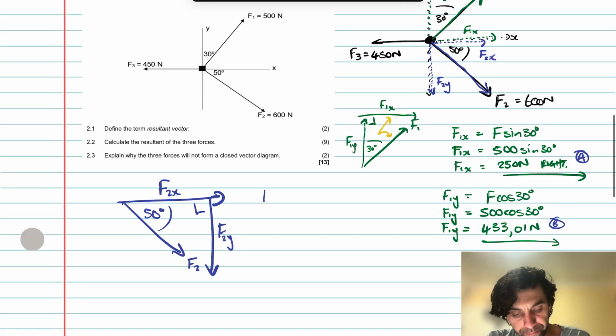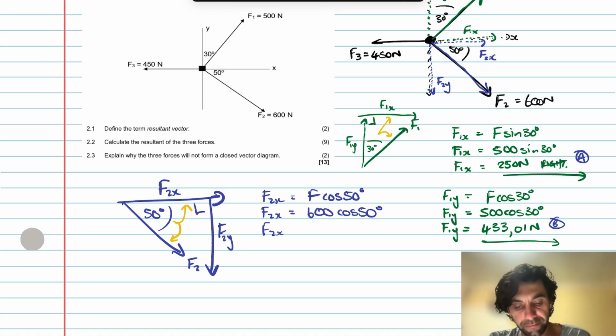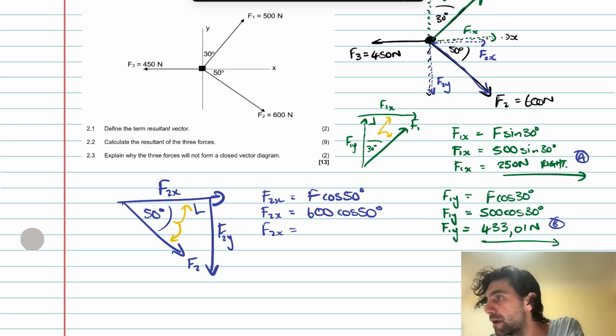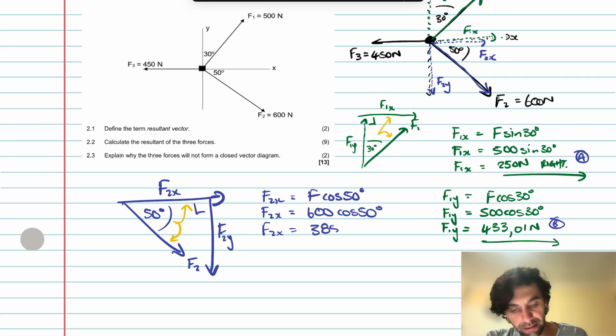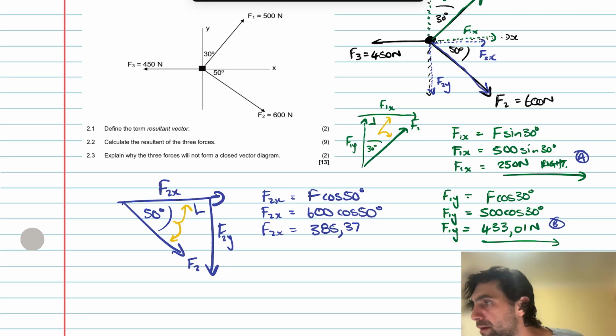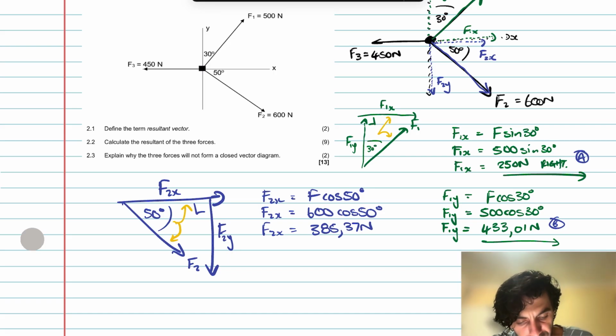Okay, but let us continue. We know that the magnitude of this force is 600 cos 50, and therefore F2x, 600 cos 50, is 385.37 newtons.